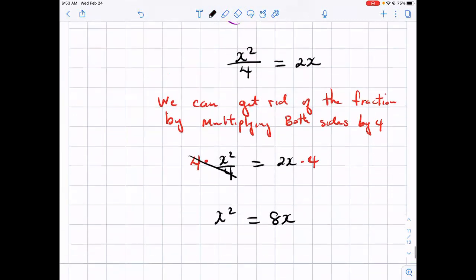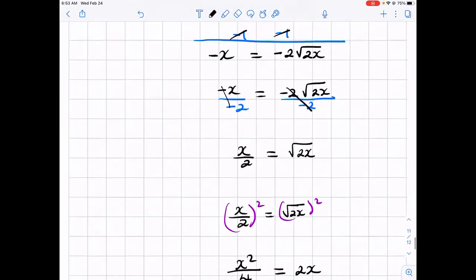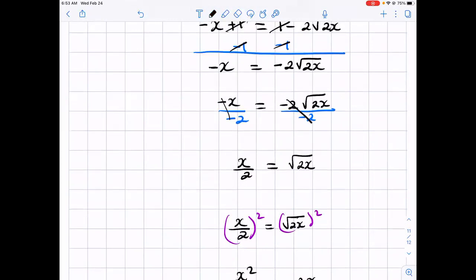And you could have done that also when you squared earlier. Notice over here, you didn't have to divide by -2. If you have negative x is equal to -2 square root of 2x, you could have also squared both sides here.